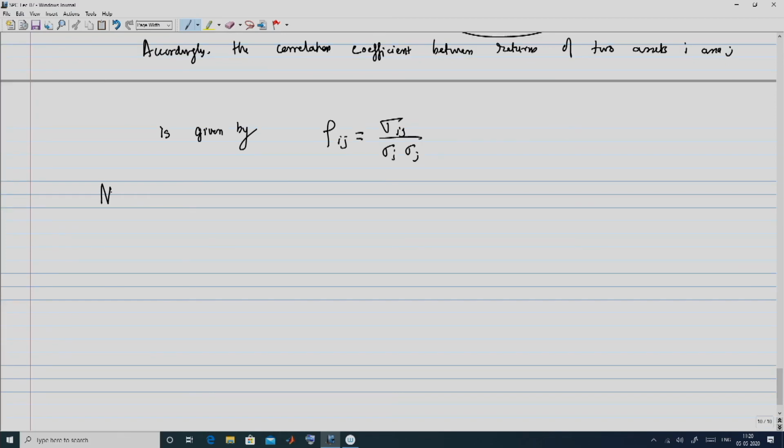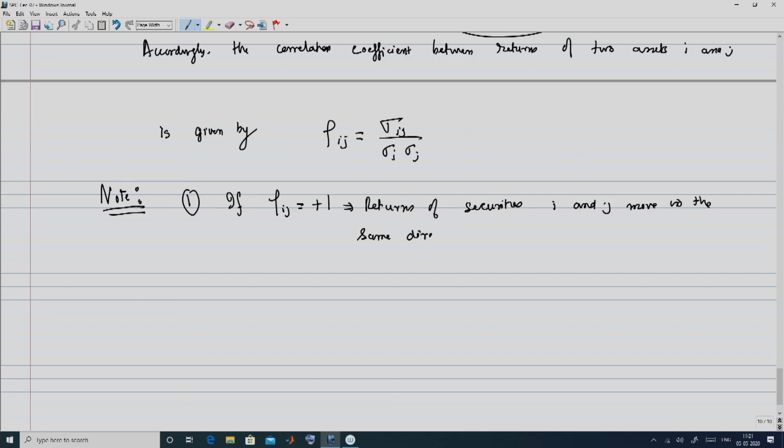So, if rho I j is equal to plus 1, this implies that returns of securities I and j move in the same direction at the same time.